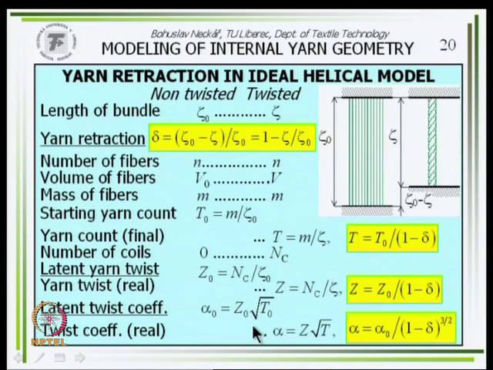Latent twist coefficient: we can also consider the latent twist coefficient, which is Z0 times square root of T0, latent twist and starting yarn count, in opposition to the real twist coefficient, which is Z times square root of T. So these latent quantities are related to starting lengths, not to final lengths. There is this difference here.